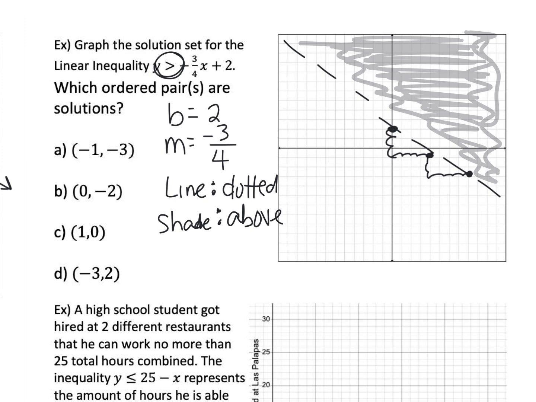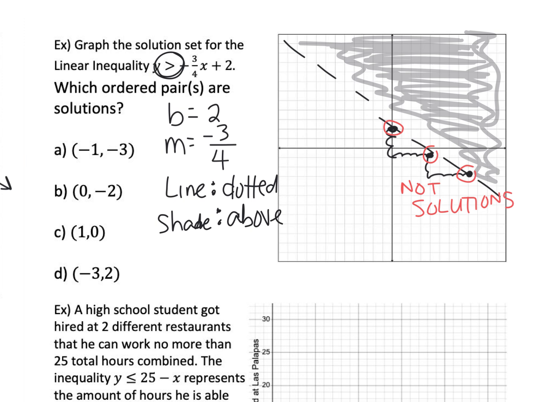On a dotted line, these coordinates are not solutions because it is a dotted line, right? We are not including those dots. If it was a solid line, yes, it absolutely would be an answer, okay?